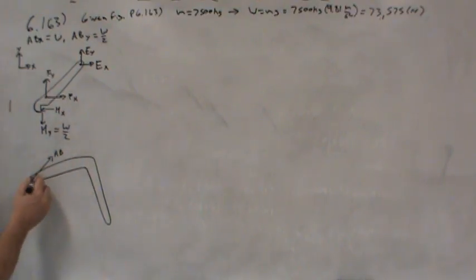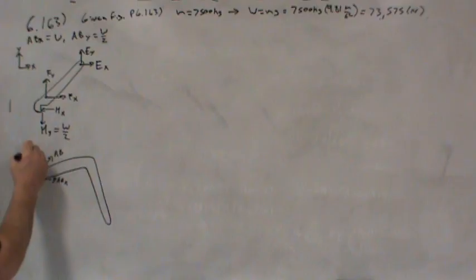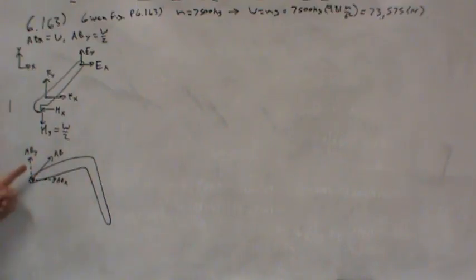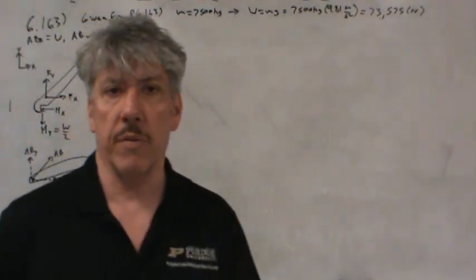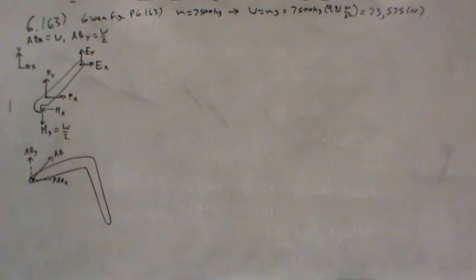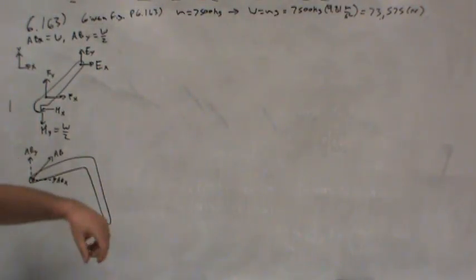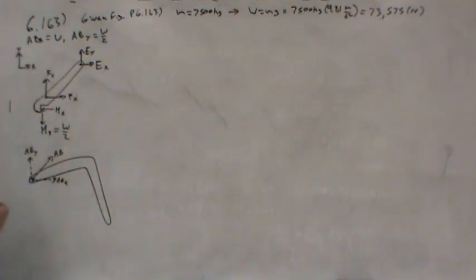Of course, in reality, there's an ABX and ABY force. Now we know AB is pulling this way because we know that connecting rod AB is under tension. We've already figured that out from the free body diagram with the W. So we know the magnitude of these two in terms of the weight. ABX is equal to the weight, ABY is half the weight.